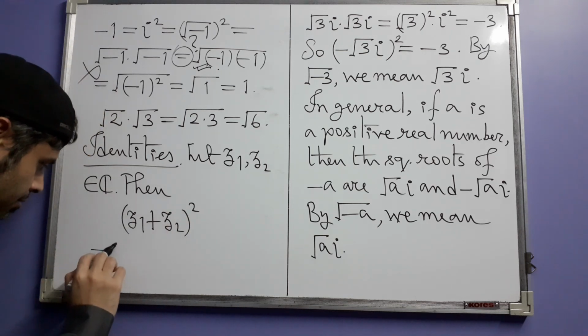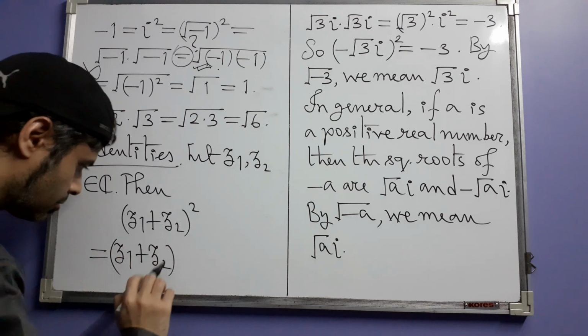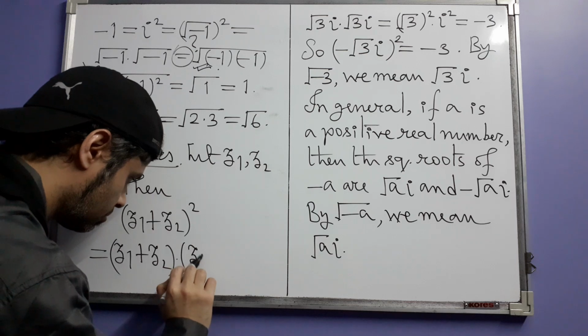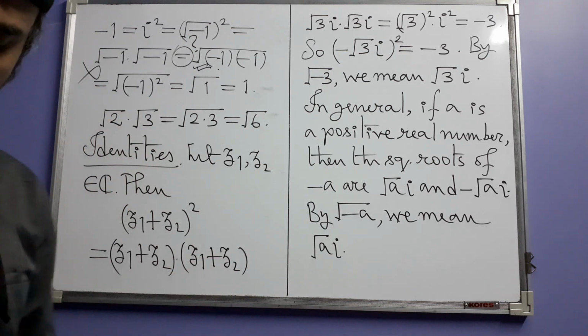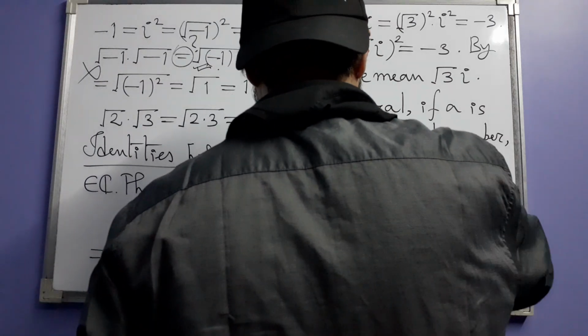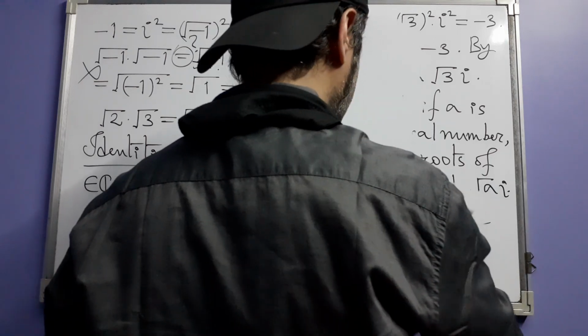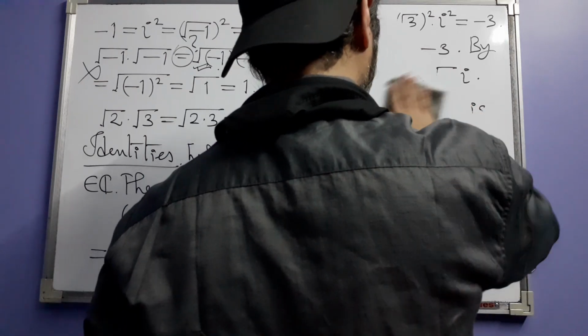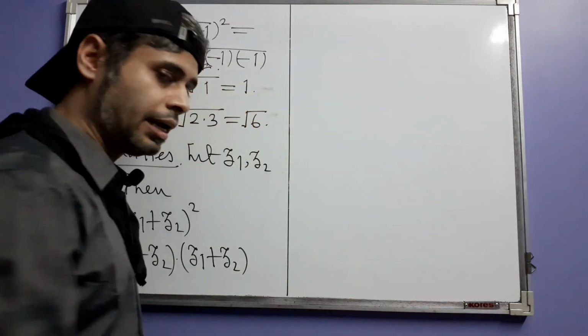The meaning of this power is this product. And after this, we are going to carry out the multiplication. But in doing so, we will also carefully see which of the properties of complex numbers we are using at every step.